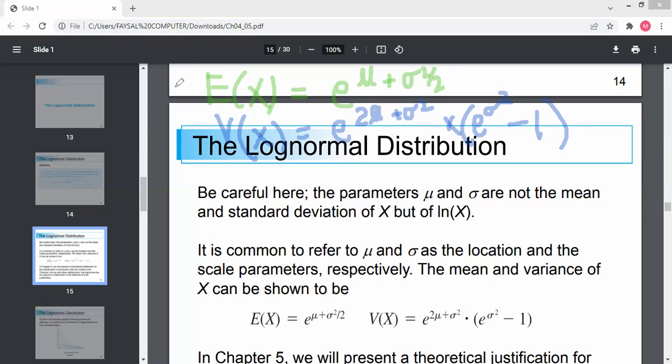This value is my mean value, and this is my variance value of the log normal distribution. These are the two formulas used to find the mean and variance for my log normal distribution.